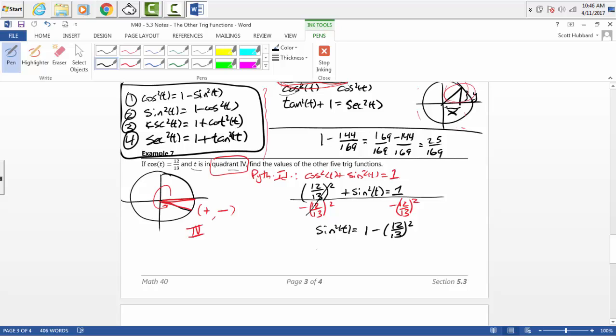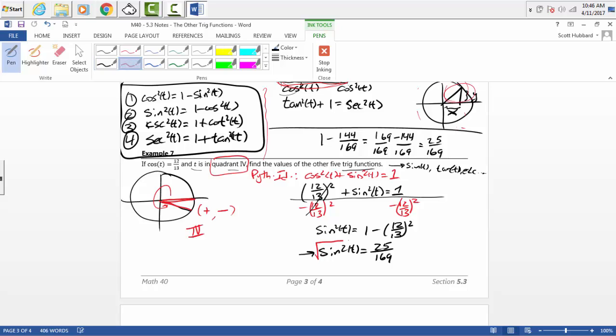So I found out now that sine squared of t is equal to 25 over 169. I wanted to find out the trig functions, so what is sine of t, what's tangent of t, etc.